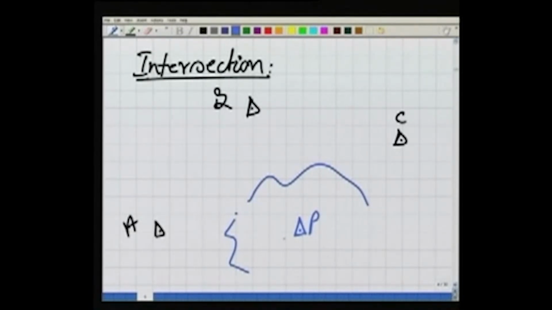So it is possible for you to intersect this but not stand on this. So in that case our aim is to determine xp, yp, what are the coordinates of this point P. So what we will do, we will make use of intersection in order to compute those coordinates.